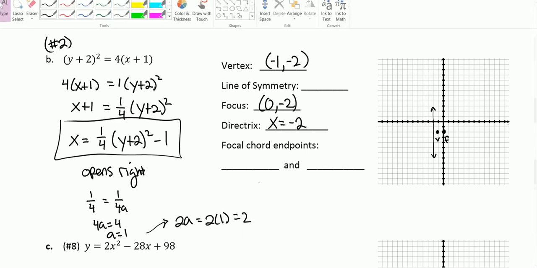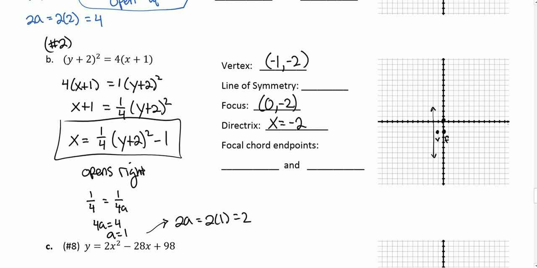So 2 above the focus and 2 below the focus, and our parabola goes through the vertex and those focal chord endpoints located at 0, 0, and 0, 4. Lastly, our line of symmetry always passes through the vertex and the focus, which is the equation y equals -2.